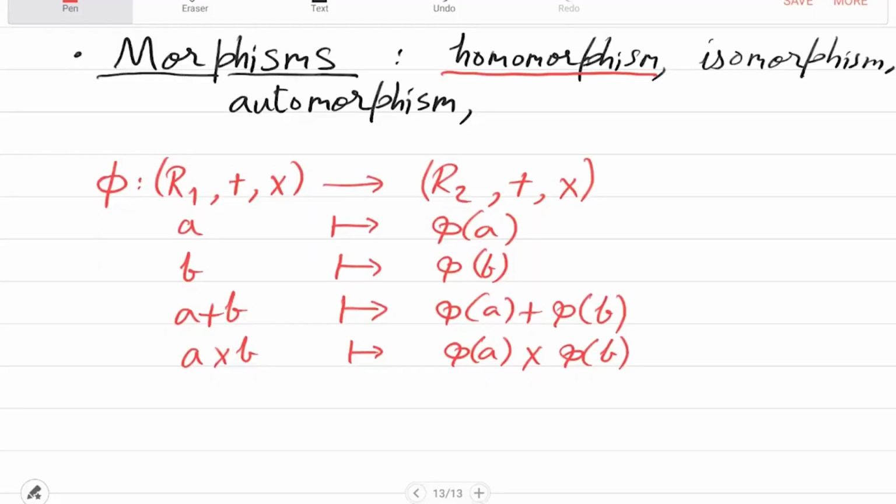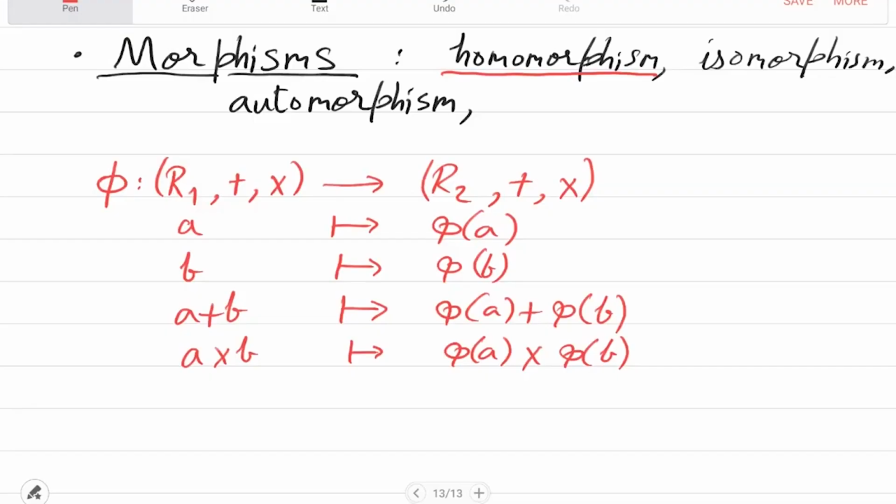As long as R2 is the image of phi, which means everything in R2 is hit by phi, as long as that is true, you can see that R1 is somewhat larger, right? It may also be equal in size, but in general it will be bigger and R2 will be smaller, right? So you are really comparing the various properties, including the size of the rings, when you talk about homomorphism. Isomorphism, what's an isomorphism?